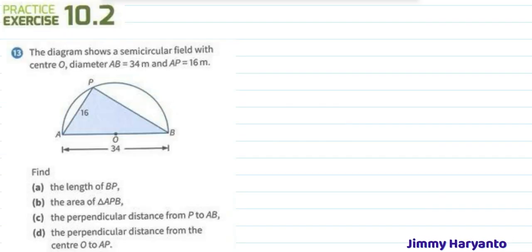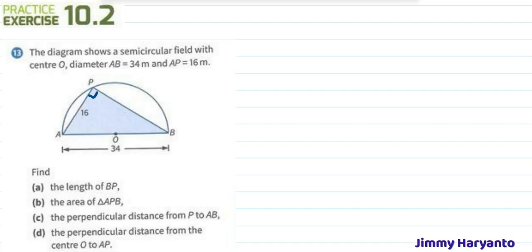Then next is question 13. So the question says this is the diameter. That means this one will be 90 degrees since it's the circumference angle. Okay, length of BP.